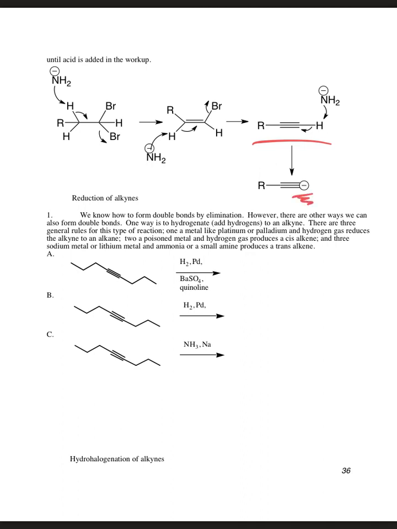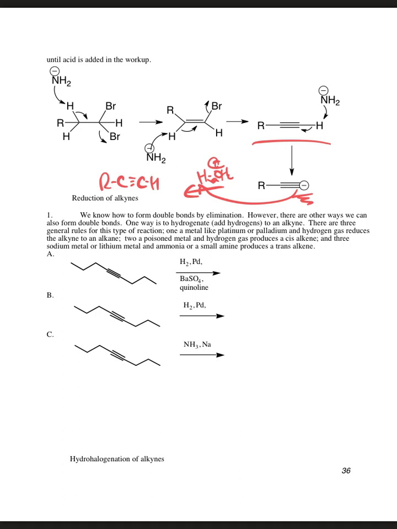The acetylide with ammonia can't go back, so once we form the acetylide, we're done, and then we work it up with a dilute acid and protonate that to make the acetylene, the terminal acetylene. So this is a very good way to form a terminal acetylene.